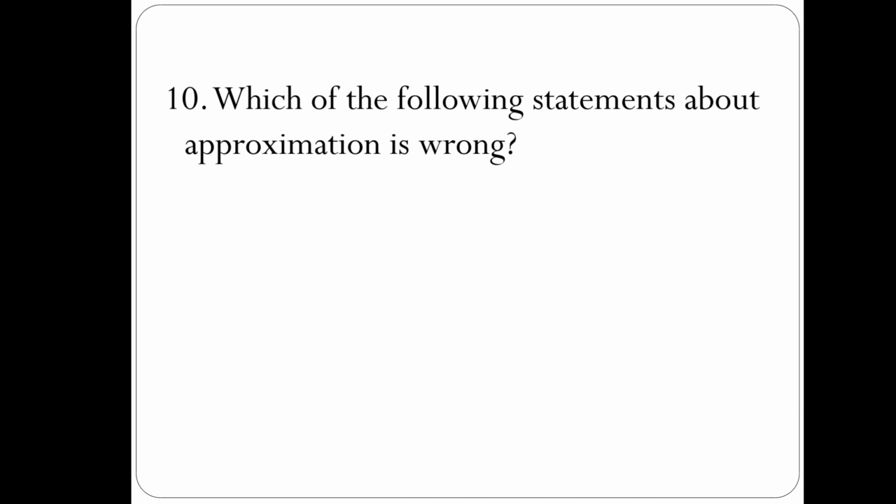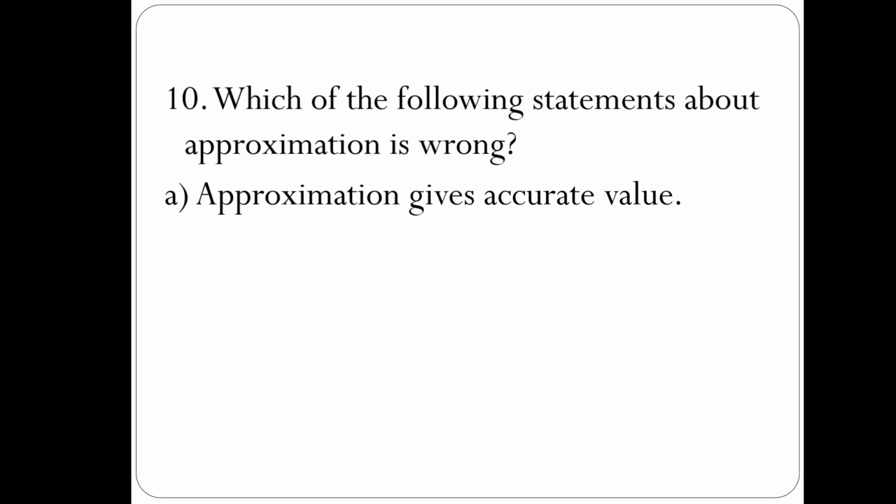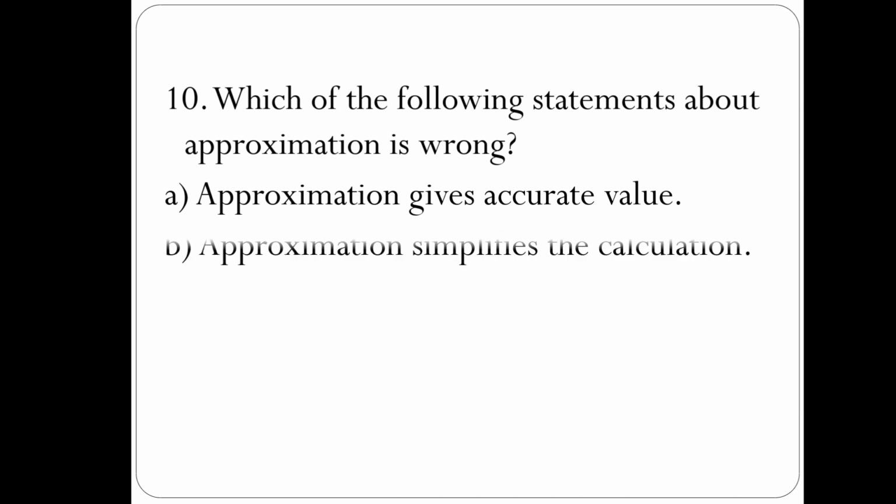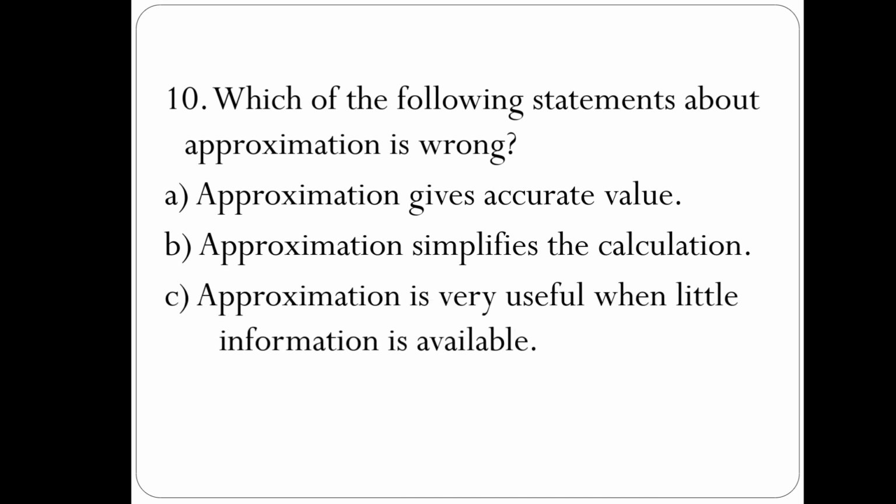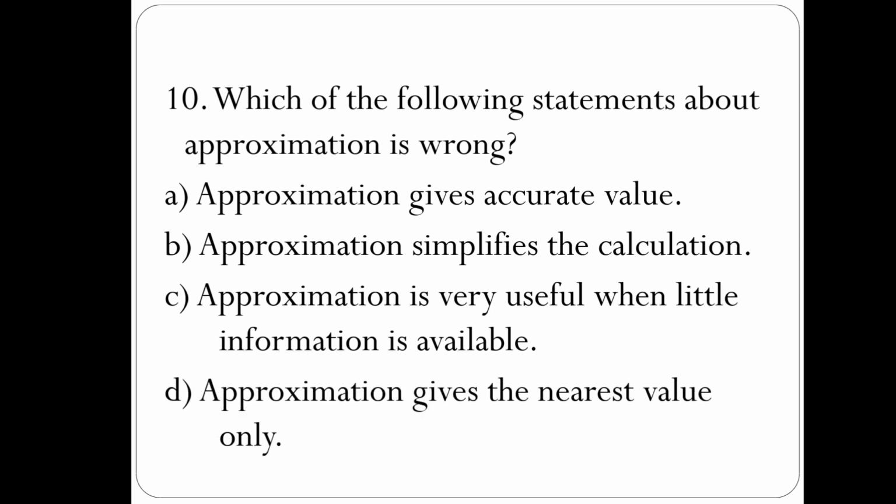Which of the following statements about approximation is wrong? Approximation gives accurate value. Approximation simplifies the calculation. Approximation is very useful when little information is available. Approximation gives the nearest value only.